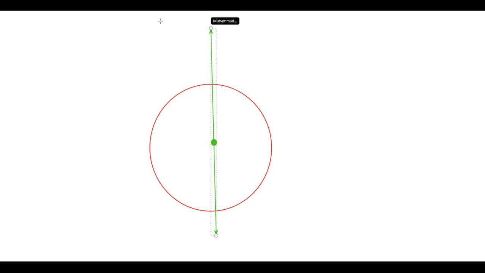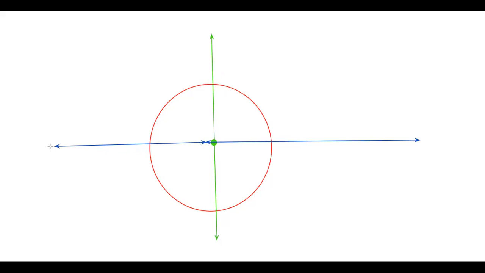One more line, of a different color, starting from here, and we are going to draw one more line starting from anywhere here, going to the right. This is what we can say is the x-axis.